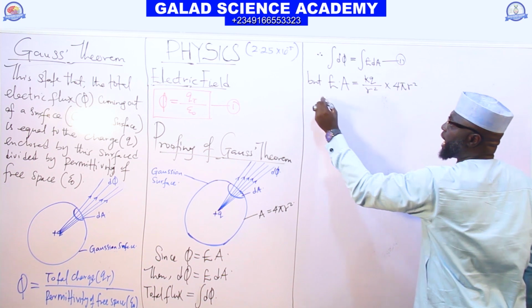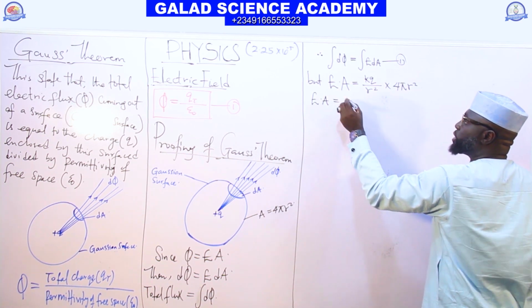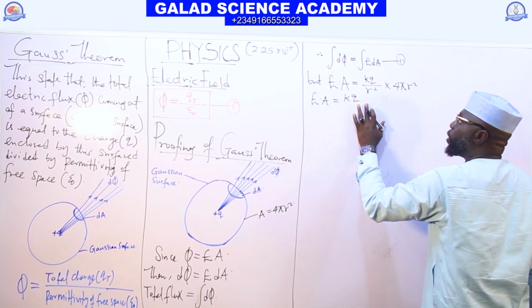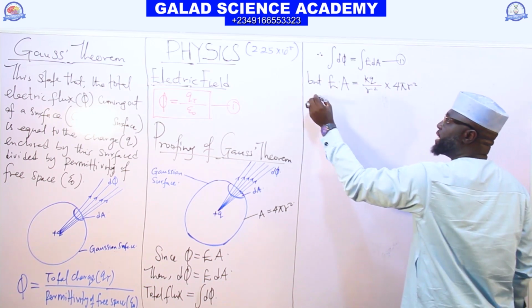So by doing that, multiply this together, you now have E A equal to KQ. Wait.